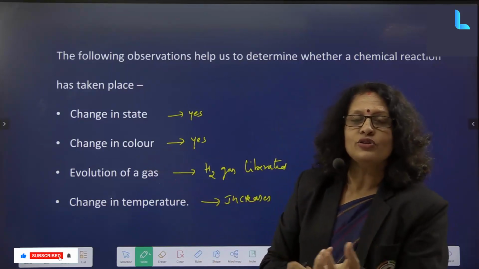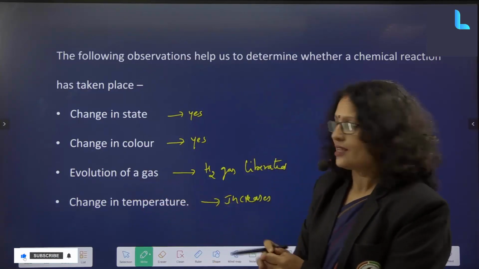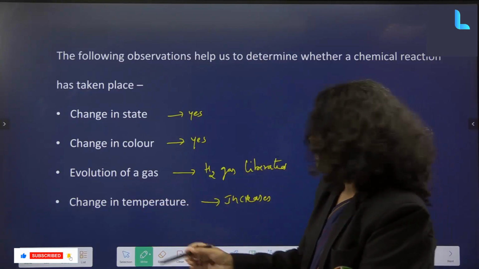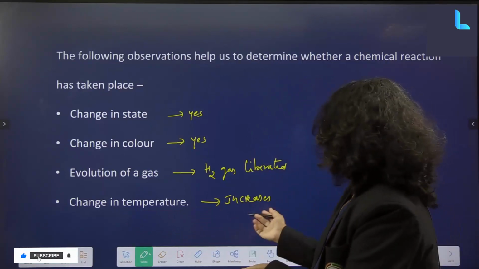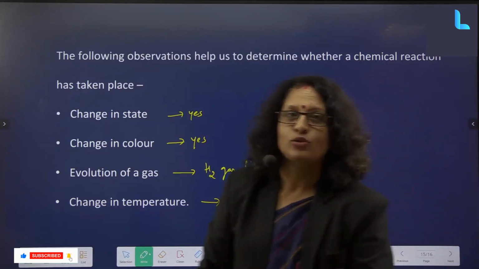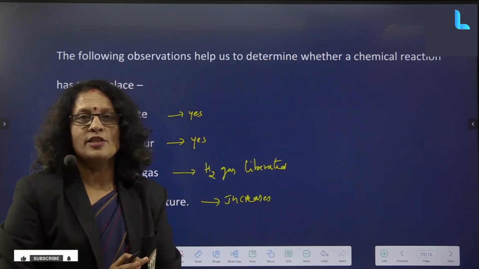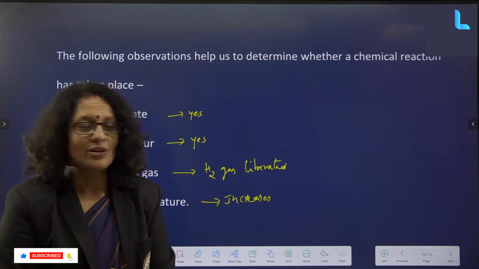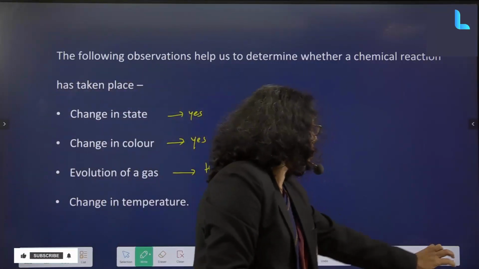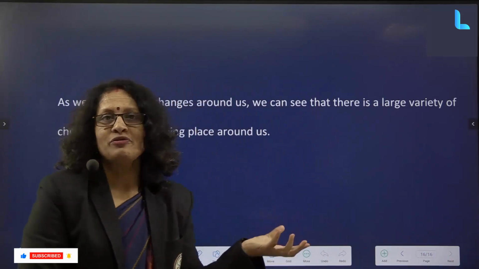Zinc granules' color was different from zinc sulfate. Evolution of gas, hydrogen gas bubbled. And change in temperature. Yes, the flask was warm, which means heat is liberated. So all these observations indicate that a chemical reaction has taken place. We can identify whether a reaction has taken place or not by these kinds of changes.